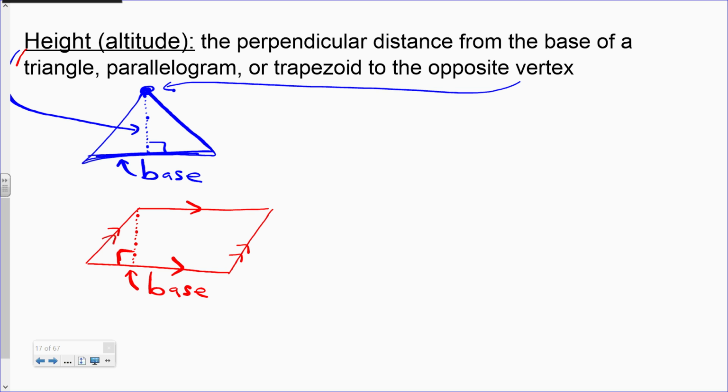The height now is there, and the opposite vertex is right there. Notice the similarity. The height is always the perpendicular, 90 degrees, distance from the base to the opposite vertex.